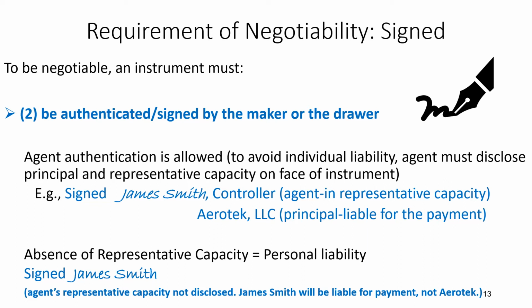If James just signs his name, James Smith, on a contract where it says that he's going to be paying $5,000 for goods received, if he does not write his capacity in the company he represents, then he's going to be personally liable for the payment. And nobody wants to be personally liable for the debts of their company that they work for. So you would always write your name, you're going to sign it, and then whatever your position is, and then print the name of the company.